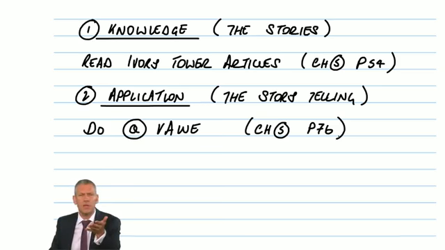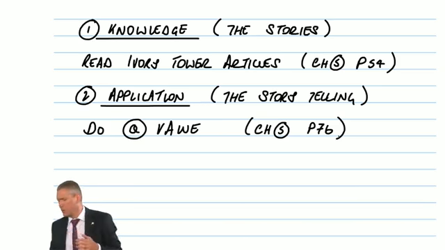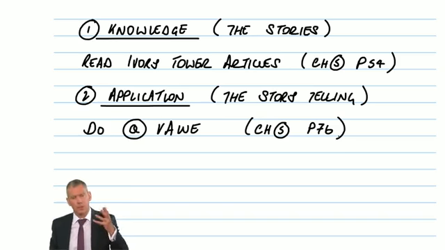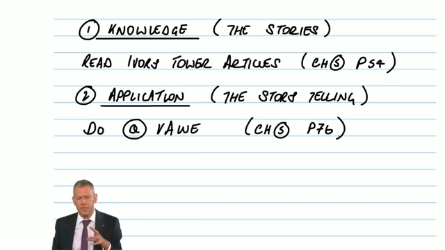I'll probably do Value part C, because I've only got a few minutes left and I do want to show you a little bit. So I'll do Value part C and show you how these questions are answered and how they're not technical, but you do need to have some kind of a knowledge. And you just get this from reading the Ivory Tower articles, but you also do need good storytelling, and you get that from practicing the question Value.